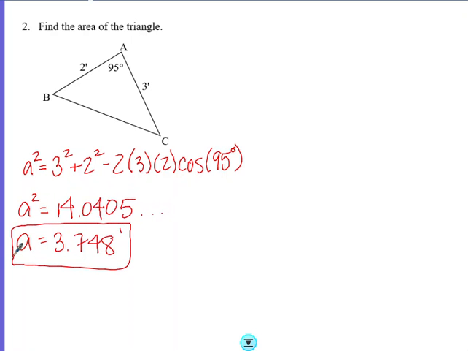Now that we have all three sides, we can go ahead and use the rest of Heron's formula to find the area. First, we need to find s, which is half of the perimeter, and I'm going to make sure that I don't round here.